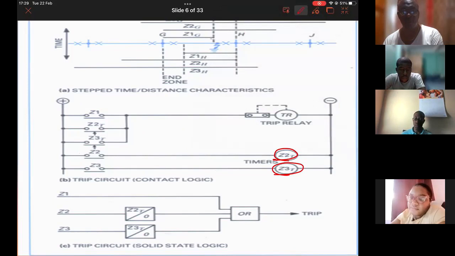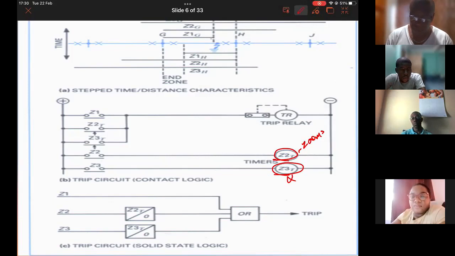This would give you your 200 milliseconds. This would give you your 300 or 400 milliseconds down here. Once the time that is set has elapsed, you would then have your Z2T and Z3T contacts in operation.